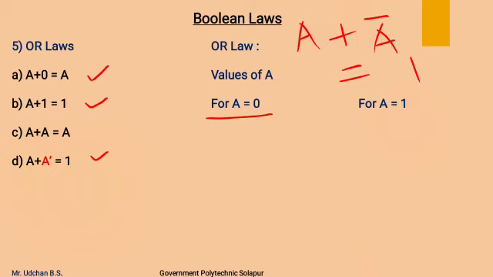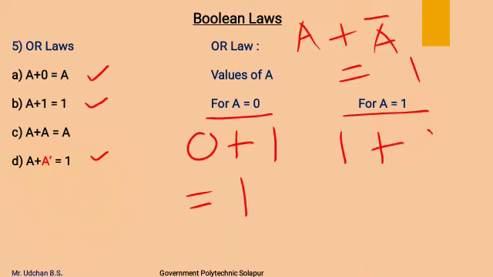We'll consider the value of a as 0 first, that is 0 ORed with a complement, that is 1, will give you 1. For a equal to 1, 1 ORed with a complement, that is 0, will give you 1. This is how a ORed with a complement will give you a value of 1.